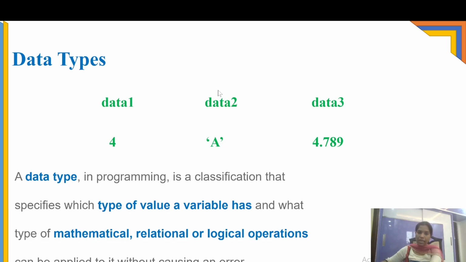For storing A, the data type will be character. For storing 4.7, the data type will be float. So a data type is the type of value that the variable can store. We know what a variable is, and the type of data we are going to store in that variable is called the data type. It also determines what mathematical and logical operations can be performed on that data.